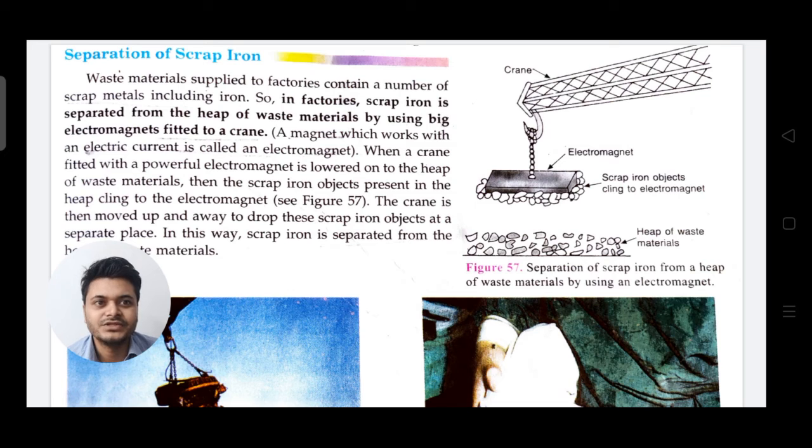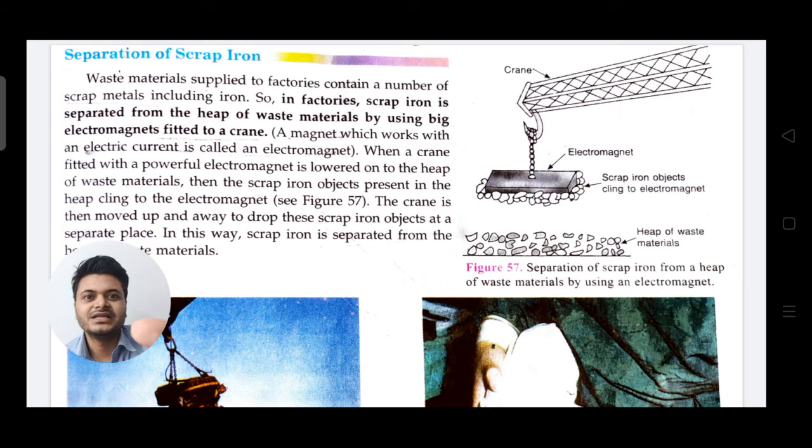A magnet which works with an electric current is called an electromagnet. When a crane fitted with a powerful electromagnet is lowered onto a heap of waste metal, the scrap iron present in the heap clings to the electromagnet.